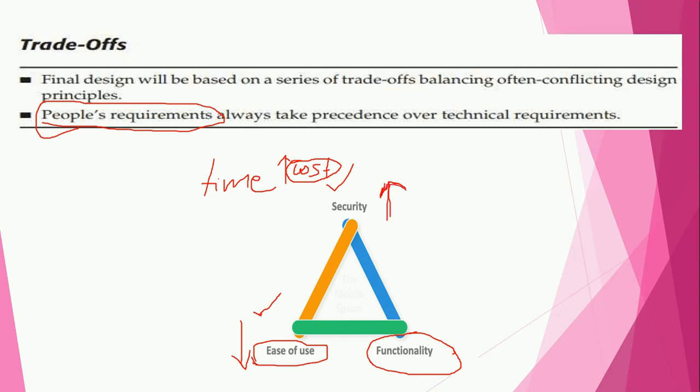If he spends less money, the security also may go down. So there is a trade-off between all these things: the time, cost, security, ease of use, functionality. They all have to be balanced in a very good manner while designing a graphical user interface.